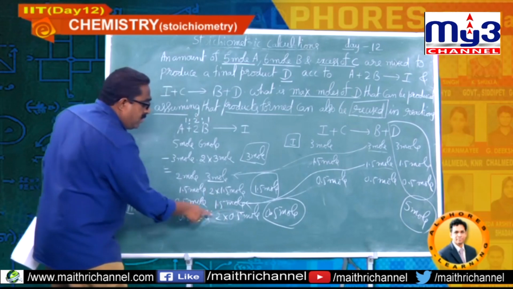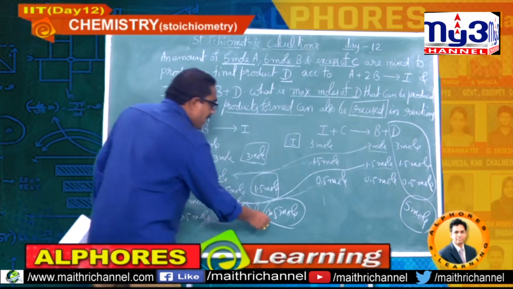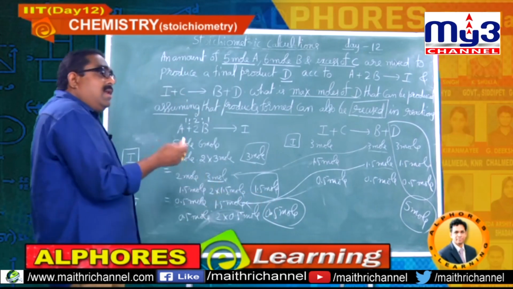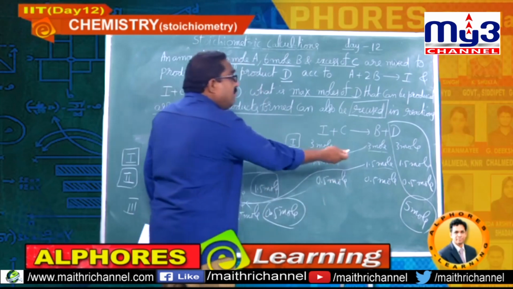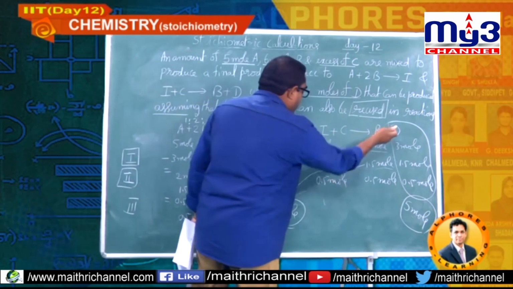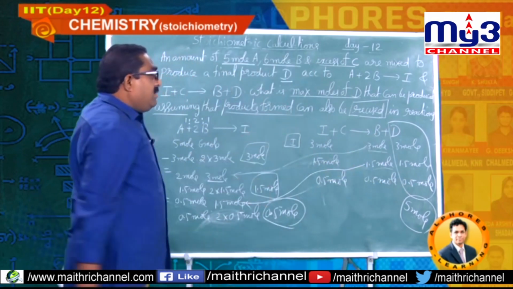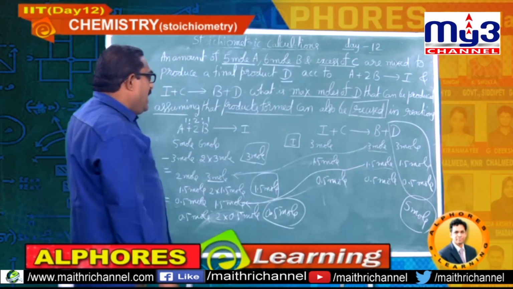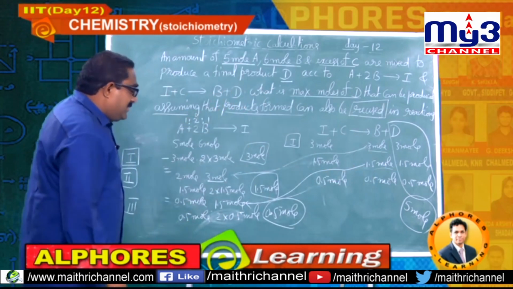So 0.5, 2 into 1.5, 0.5, because 1 is to 2 is to 1. So 0.5 mole of A. Again coming to the third stage of reaction, it will go for the third step. 1 mole gives 1 mole, 1 mole, 0.5 gives 0.5, 0.5. So finally you will be left with 5 moles of D as product.